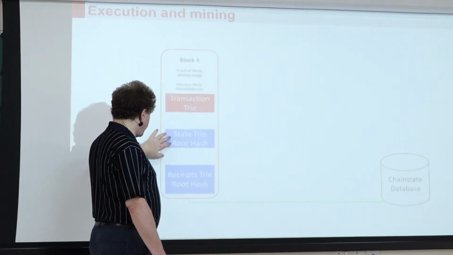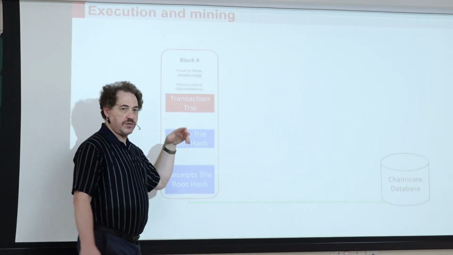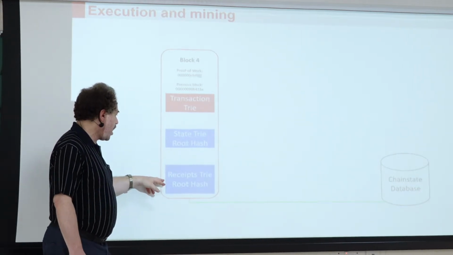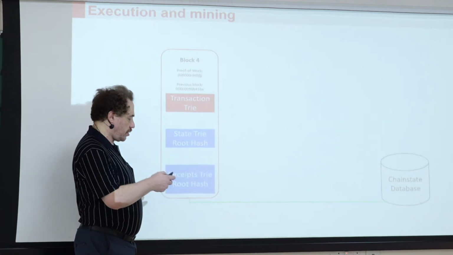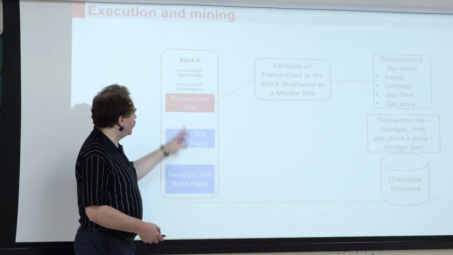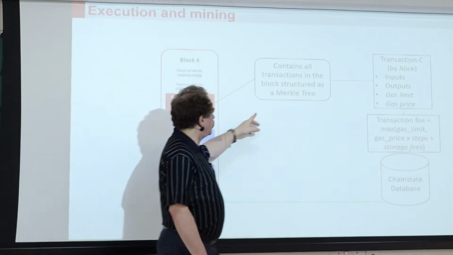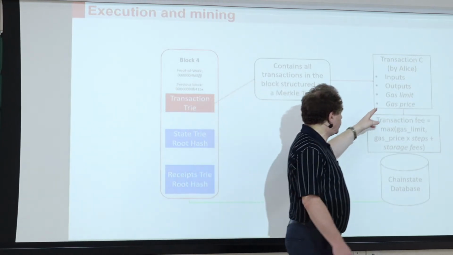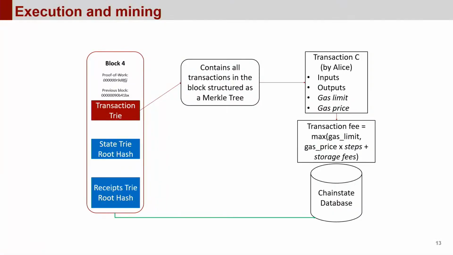But then we have different trees. We have a transaction tree, which is similar to Bitcoin, but we also have a state tree, and we also have a receipt tree. The transaction tree contains all transactions in the block structured as a Merkle tree, so the same, but there is some additional information, including, for example, the gas price.